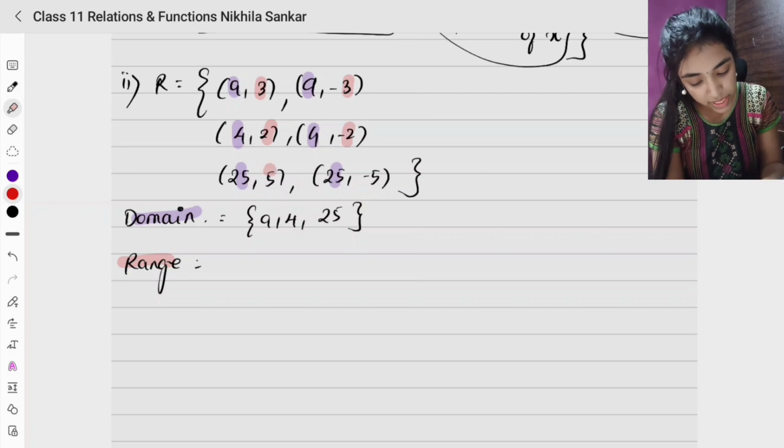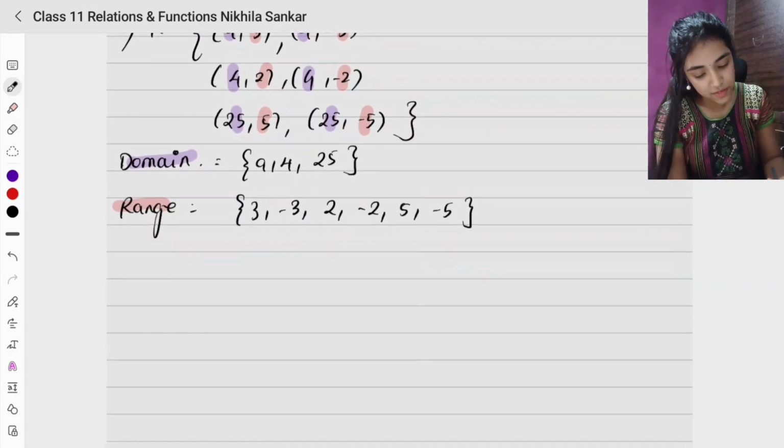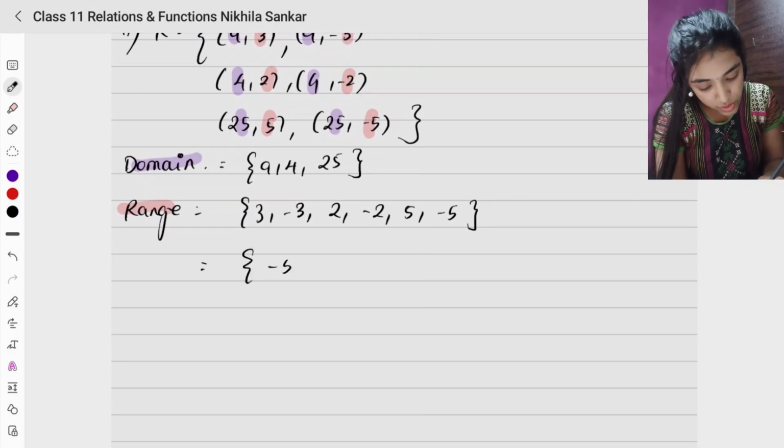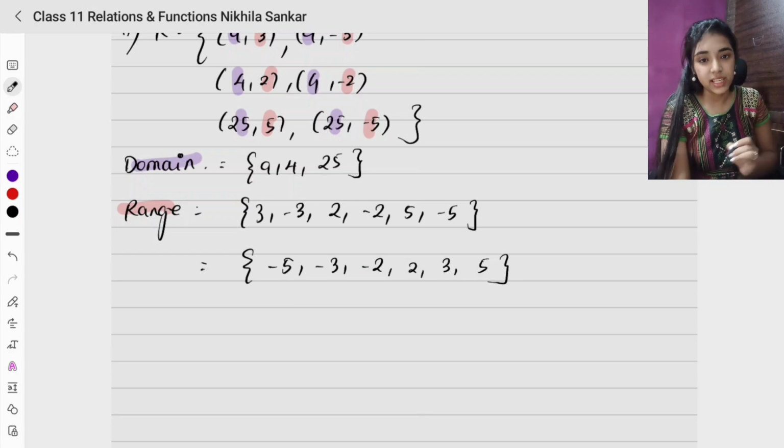So it is going to be 3, minus 3, 2, minus 2, 5 and minus 5. You can also write this in the proper order: minus 5, minus 3, minus 2, 2, 3, 5. Okay, properly writing it in ascending order.